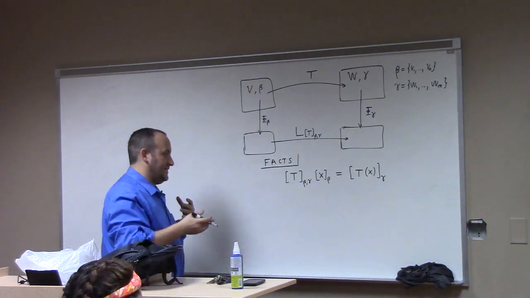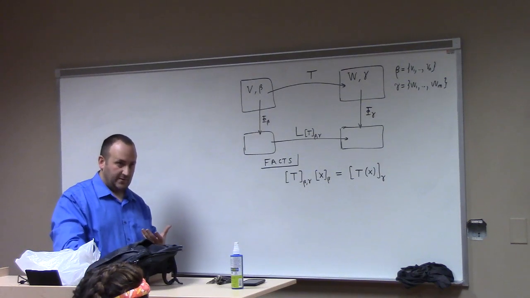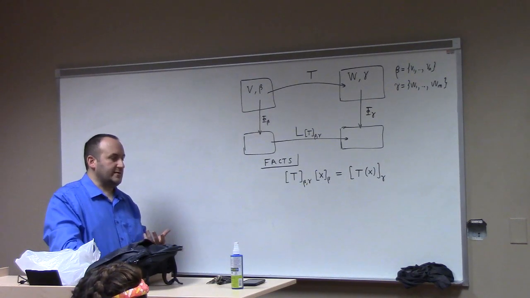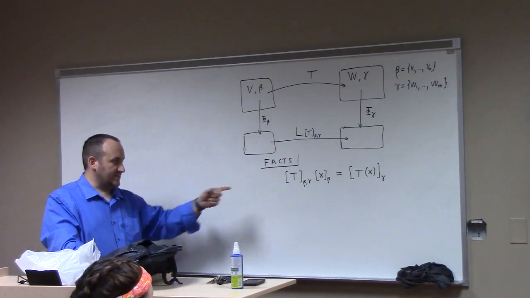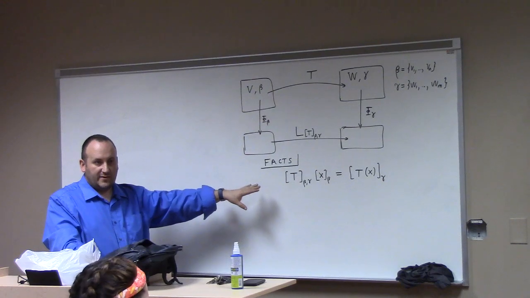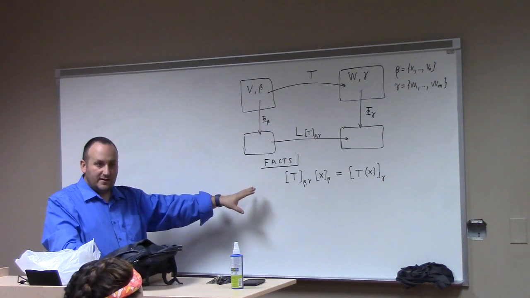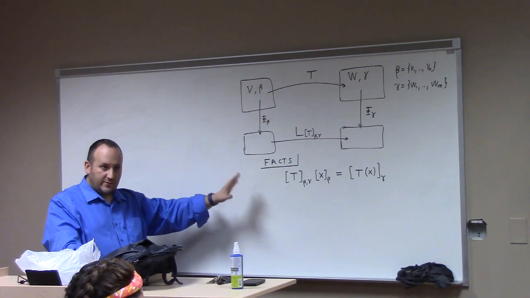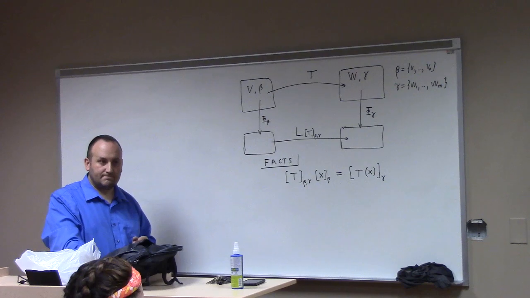So what this says is that if we go through the lens of the coordinate maps, we can convert an abstract linear transformation into matrix multiplication by this T beta gamma matrix. The abstract linear transformation is not a matrix multiplication to start with, but if we go to the trouble of going through the coordinate maps, we can make it into a matrix multiplication in this sense.